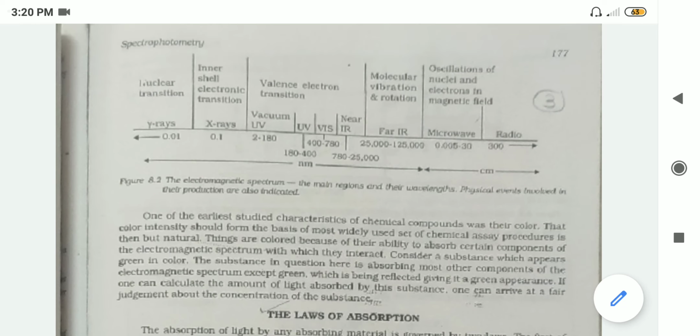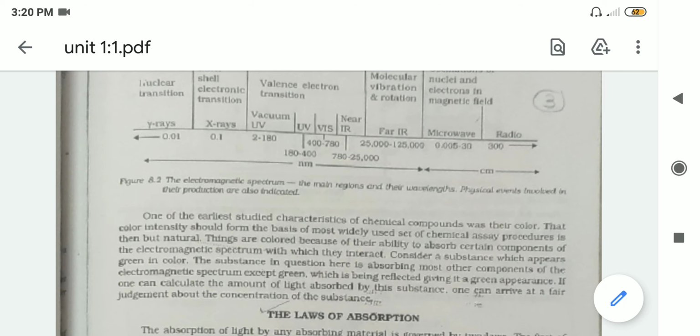The visible range has the 7 main colors, that is VIBGYOR: violet, indigo, blue, green, yellow, orange and red. These are the colors of your visible range light.